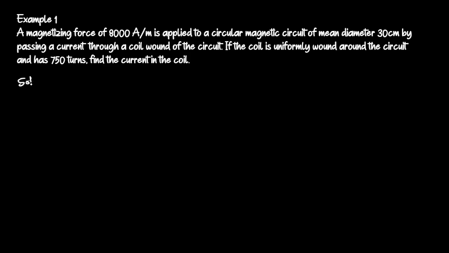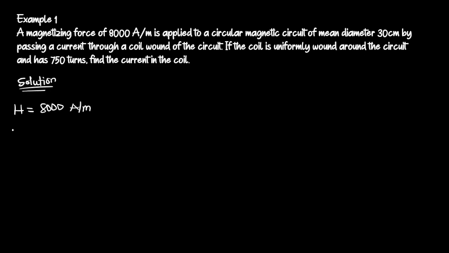So I'll write my solution. First of all, let me list all the parameters that I have. So I've been told that the magnetizing force, or the magnetic field strength, is 8,000 ampere per meter. So my H is equal to 8,000 ampere per meter. And then it's applied to a circular magnetic circuit of mean diameter.